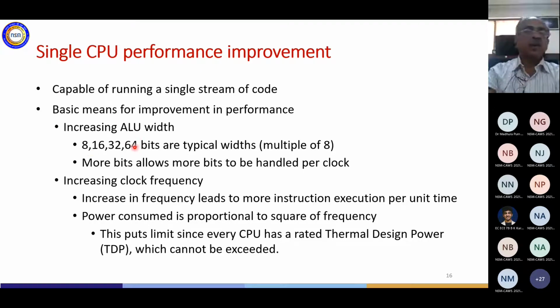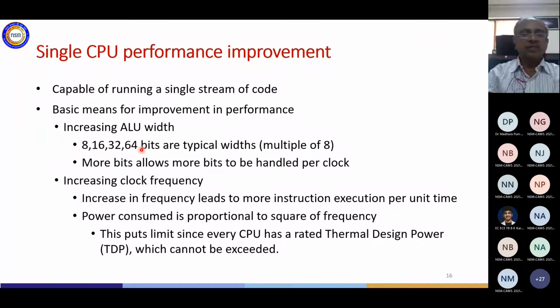But if it's 64, then you have to do the operation 4 times, because 64 plus 64 is 128, 128 plus 128 is 256. So only 4 times you'll have to do. That's how, when the number of bits has increased, the number crunching ability that the ALU can handle per clock increases.